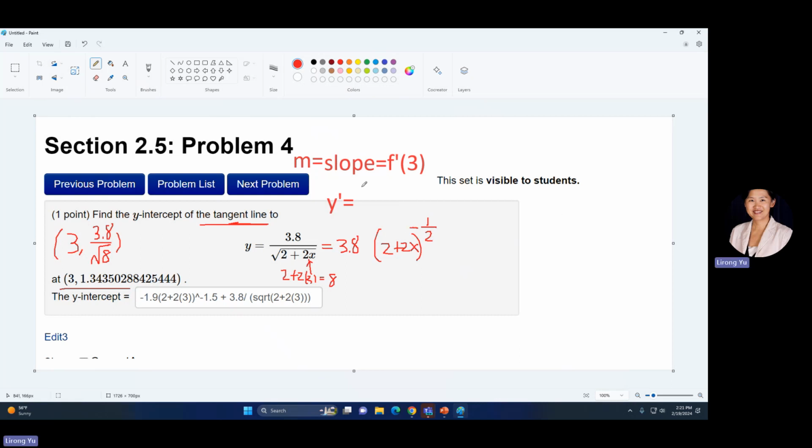All right, so when we find the derivative, we multiply the negative 1/2 with 3.8 to get negative 1.9, and the power has to minus 1. So it's going to be 2 plus 2x to the power of negative 1/2 minus 1. It's negative 3/2. Right? Negative 1/2 minus 1 is negative 3/2.